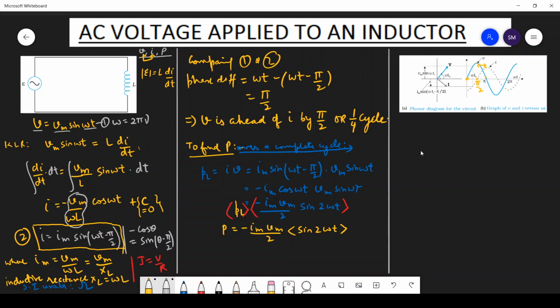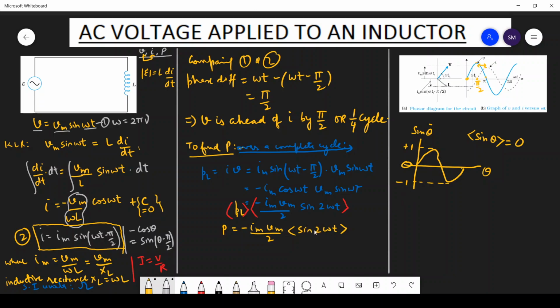This is theta, this is sine theta, and this is the graph of it. It reaches the maximum value of +1 and the maximum value of -1. This is symmetric, and half of the time it is positive and half of the time it is negative. So if I take the average of sine theta, it comes out to be 0.